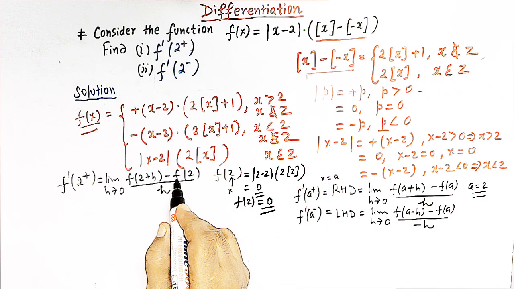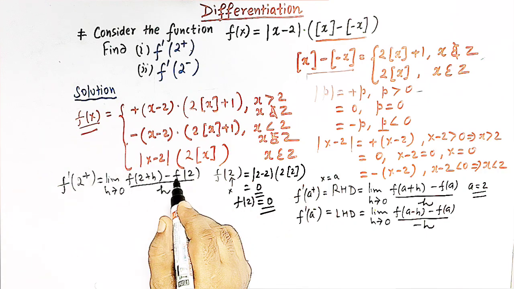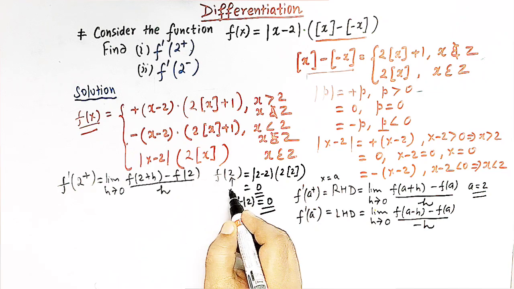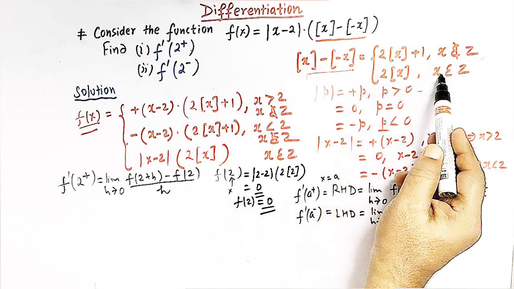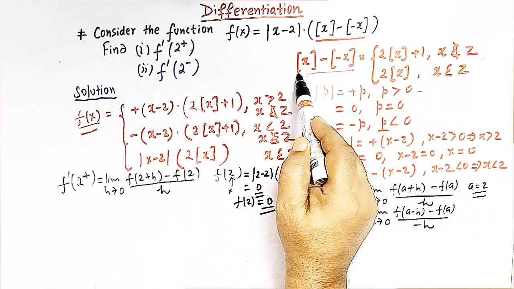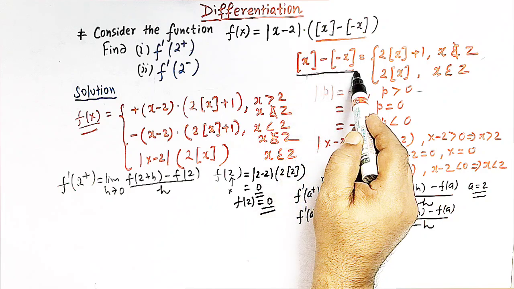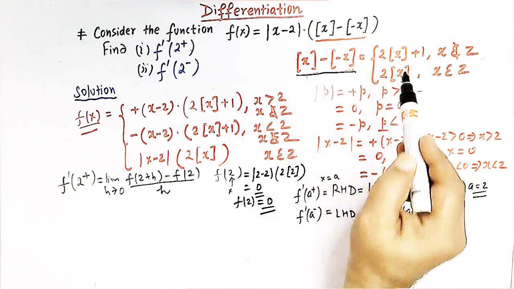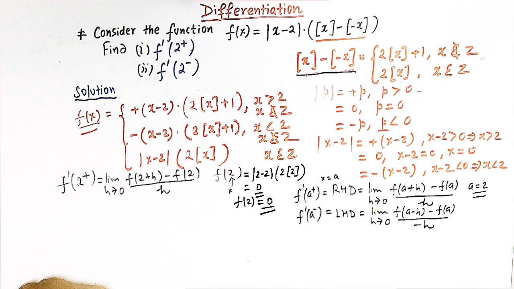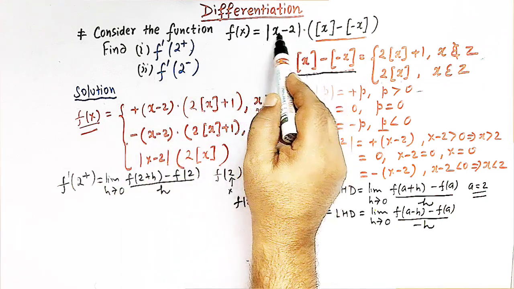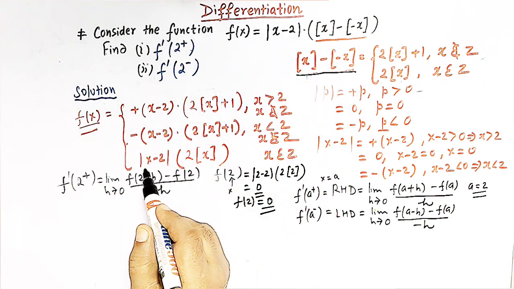So see, when we find out the value of f of 2, 2 is an integer. Now when x is an integer, then the value of this expression is equal to 2 times the greatest integer of x, right? And here a mod of x minus 2 remains as such.